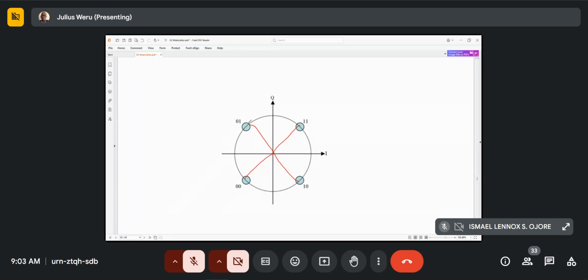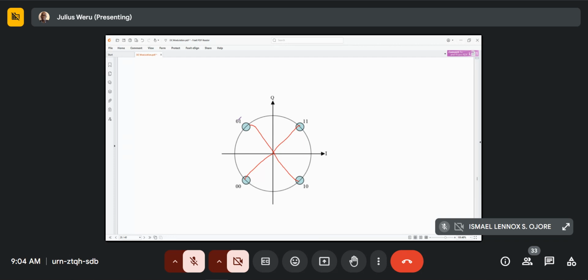If it is here, that will be ambiguous. So what you do, try to avoid 2 bits change. You can see from here to here, there's only 1 bit change. This bit remains the same. Only this changes.